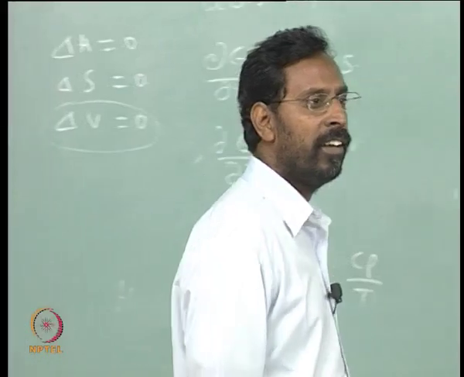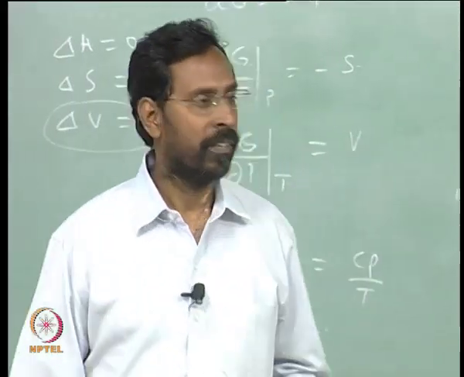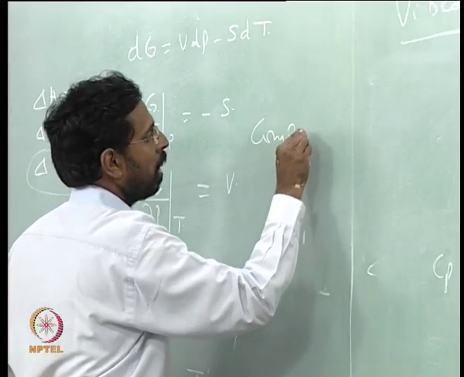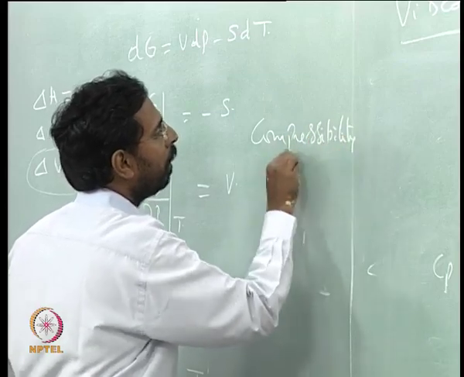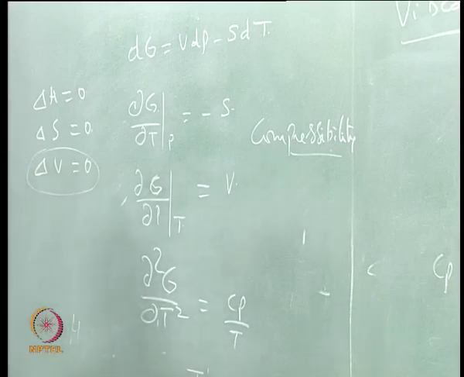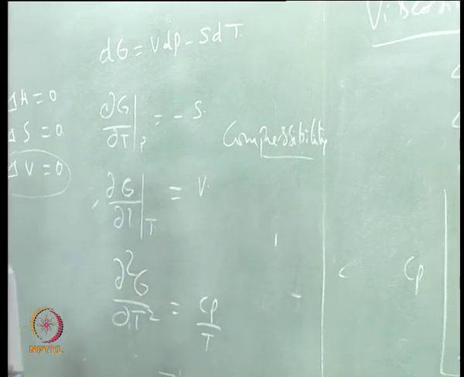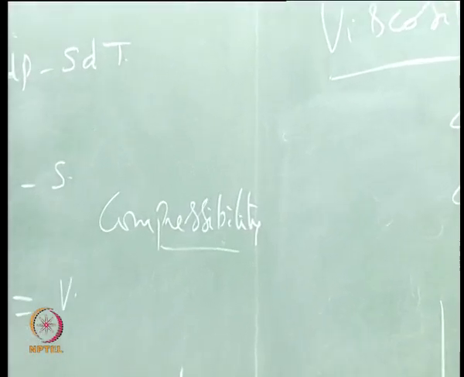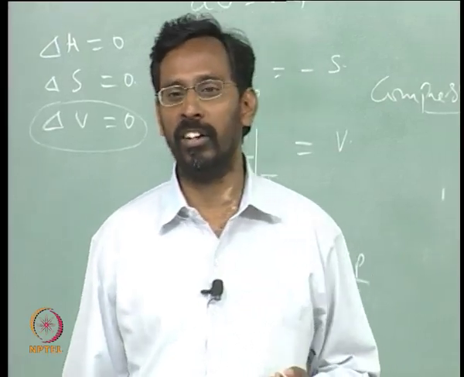How a phase changes its volume as a function of pressure. So the compressibility is a parameter which is very important for liquids, particularly when people talk about liquids. Liquid compressibility is one of the important parameters. Solids have very small compressibility, they do not change their volume much with pressure, but liquids change, and gases more importantly change their volume to a large extent with pressure.